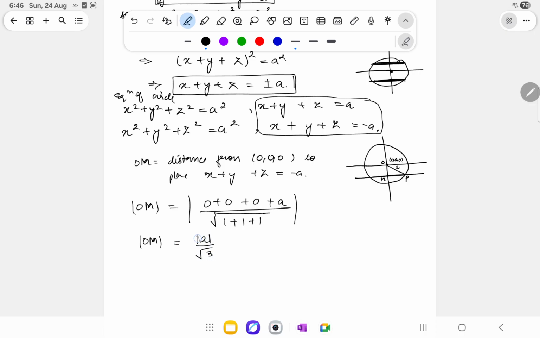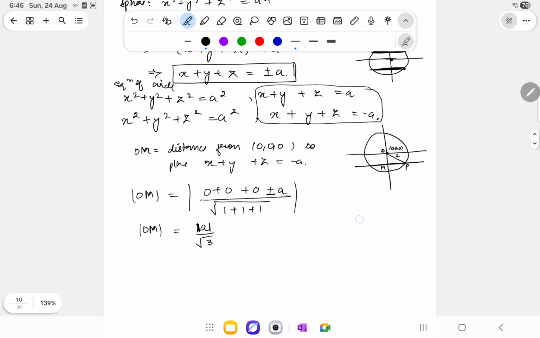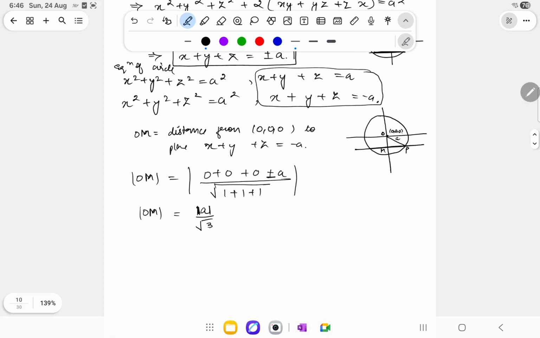Let's write it in mod, because if we find the distance from both the planes, it will be ±a. Likewise, we can draw it here also as OM'. We are solving it from the bottom plane, so I got OM as |a| by √3.